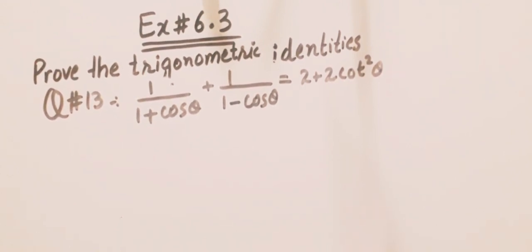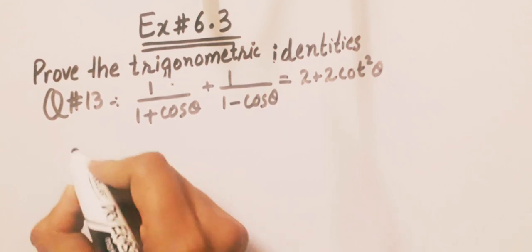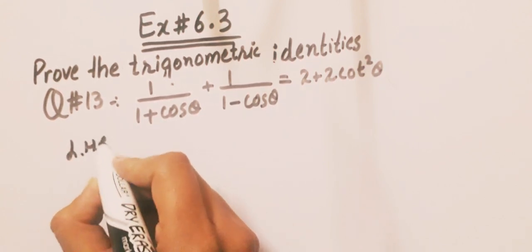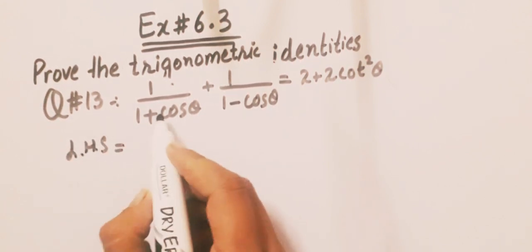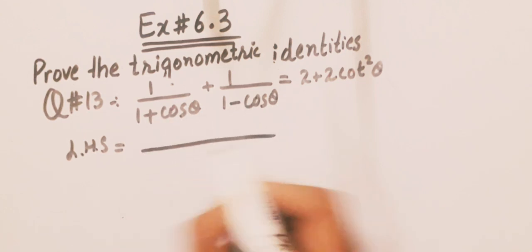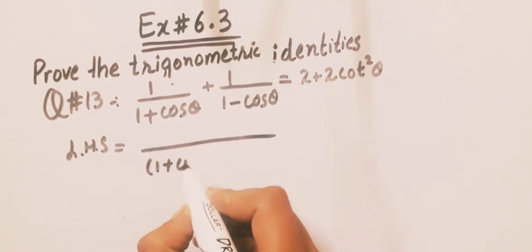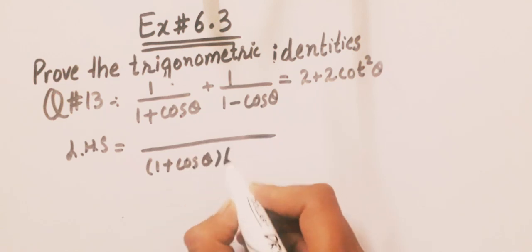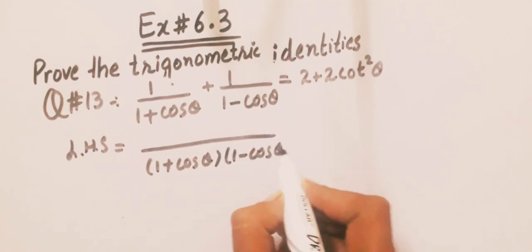First of all, we will take the left hand side. In the first step, we will take the LCM: (1 + cos θ) into (1 − cos θ).